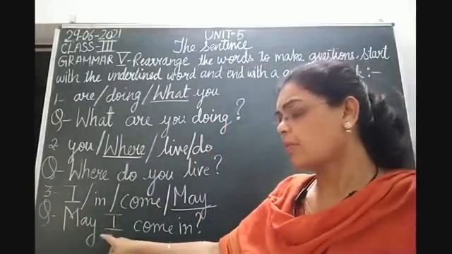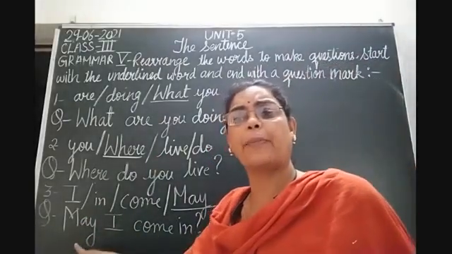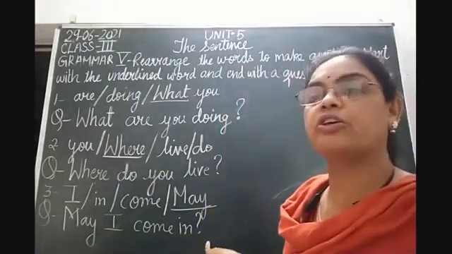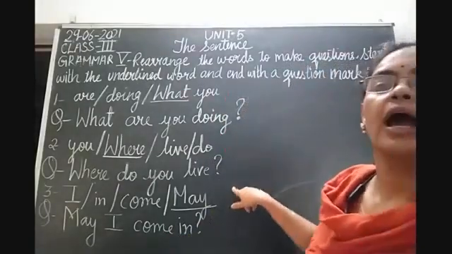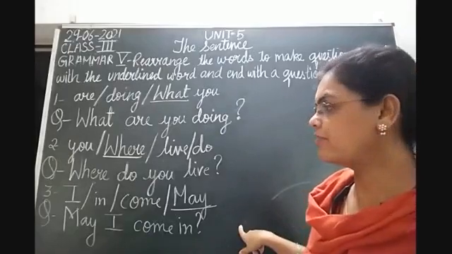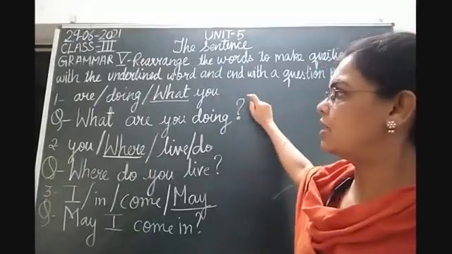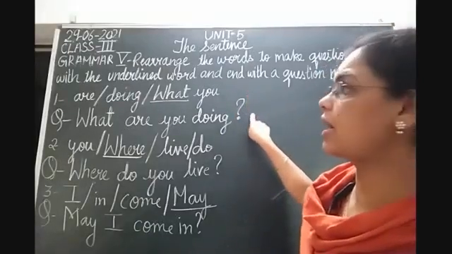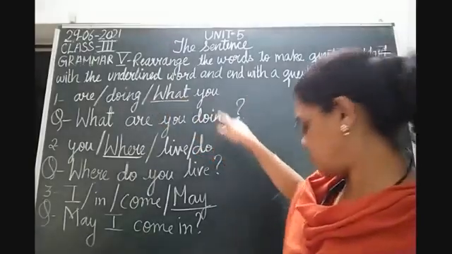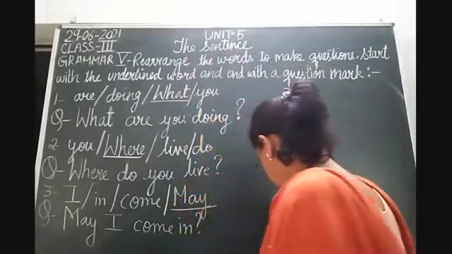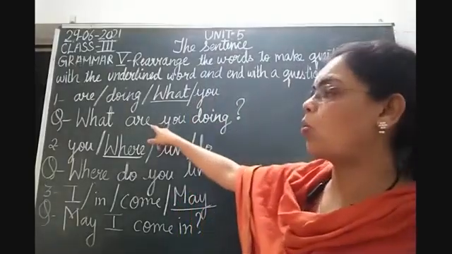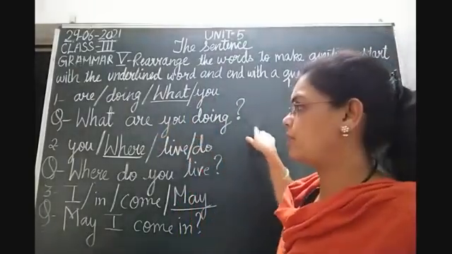Then we must begin a question with capital letter and end with a question mark. So now I'm going to revise these three and then I'm going to erase and write the fourth one. First question क्या frame किया है? Are doing what you. Sorry, I forgot to put a slash over here. The first question is, what are you doing?